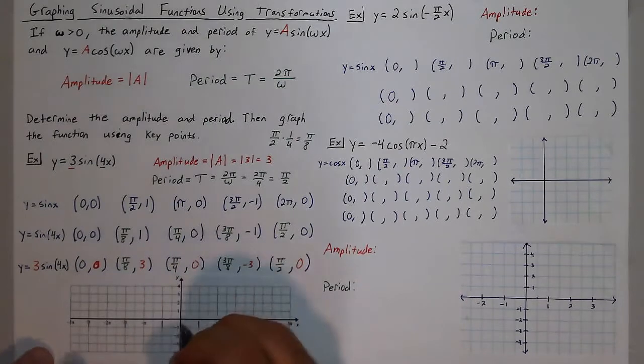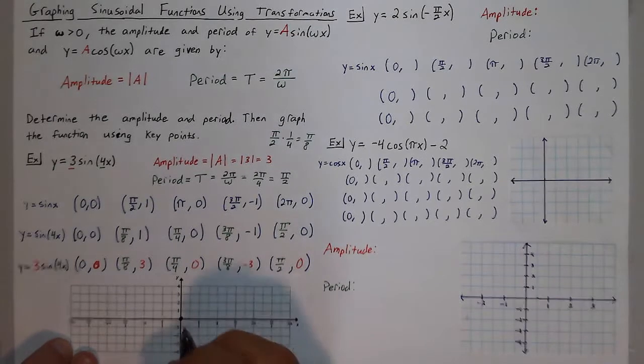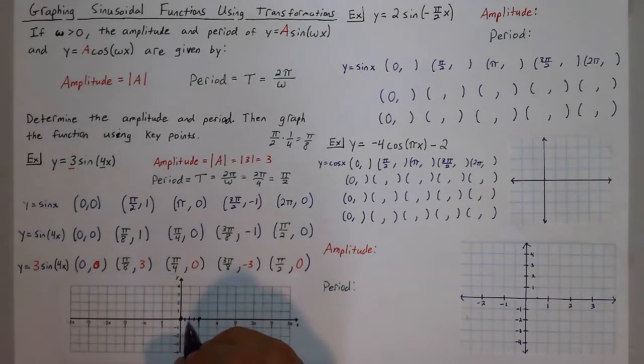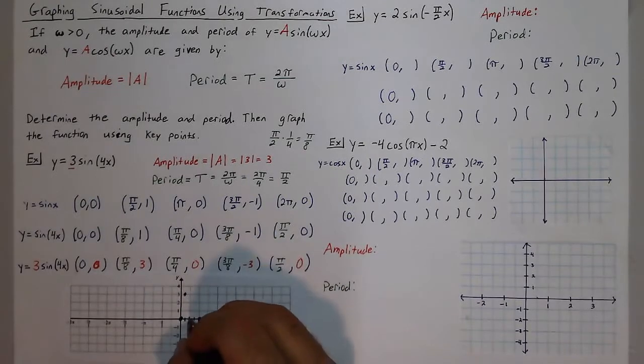So 0, 0 is where it starts. Now, pi over 8 isn't a tick mark on here, but I already know that I have to repeat myself every pi over 2, so I have these little moments in between so everything can be represented. At pi over 8, which is halfway between 0 and pi over 4, it's 3. Then it's back to 0 at pi over 4. Then it's negative 3.